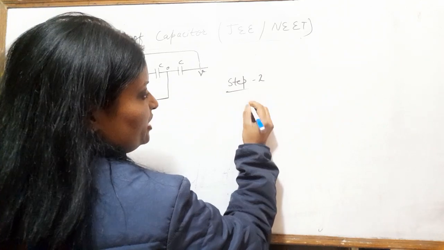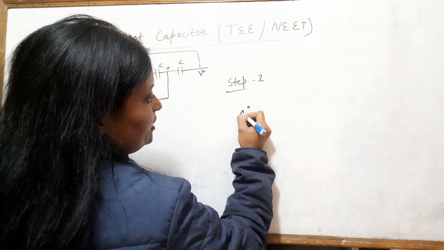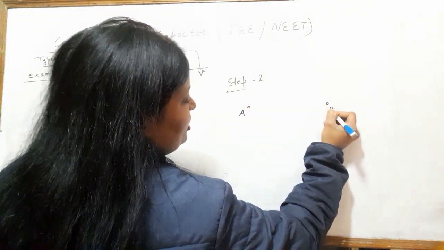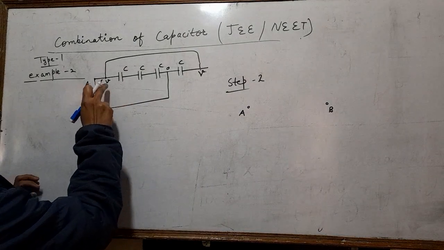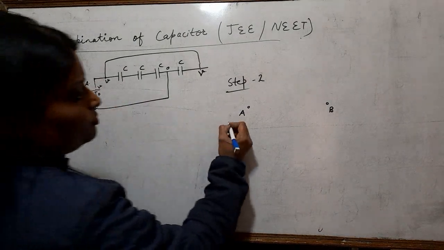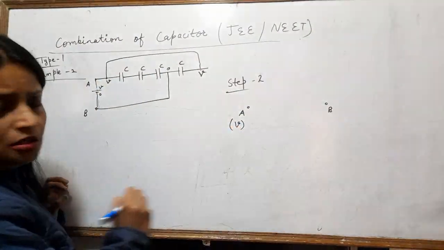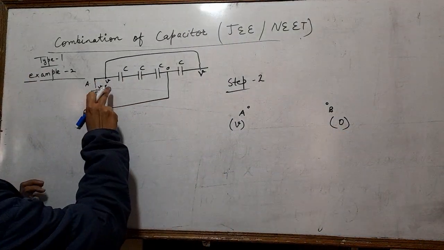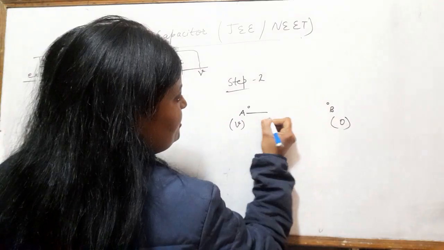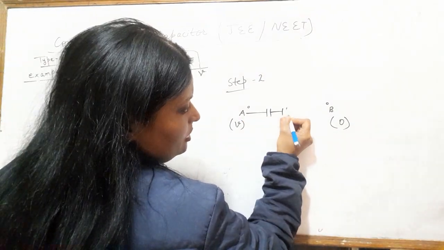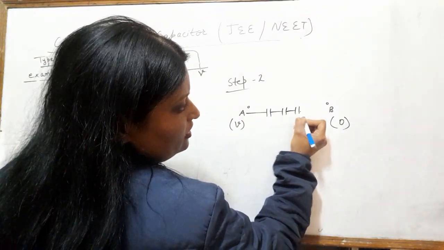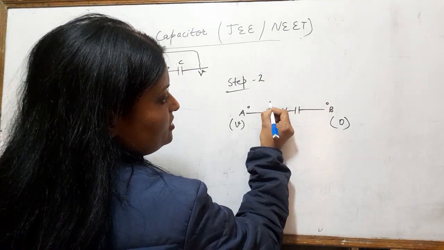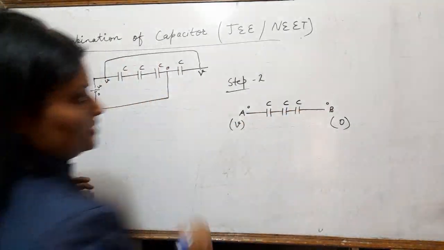So you have to make 2 terminals, A terminal and B terminal. A point has V potential and the B terminal has 0 potential. So between this V and 0, 3 capacitors are there, in series. Capacitors number 1, 2 and 3 are in series, marked C, C, C.